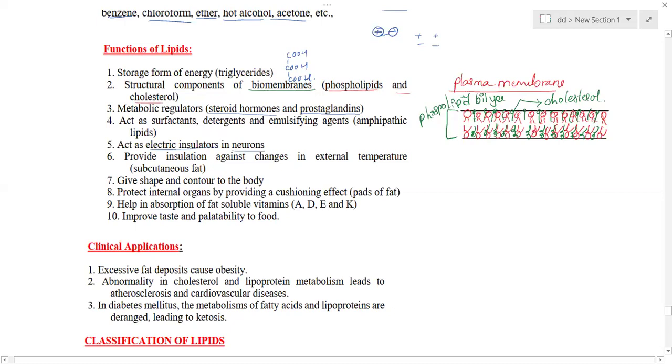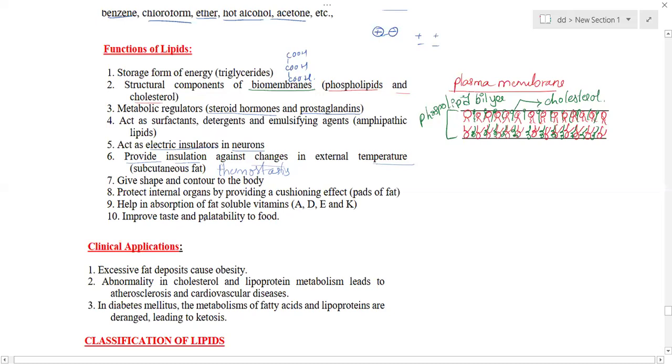Also, some of them provide insulation against changes in the external temperature, which we call thermostasis, like balancing the temperature. Subcutaneous fat is maintained on the outer layer of our skin, so because of that the temperature is maintained.